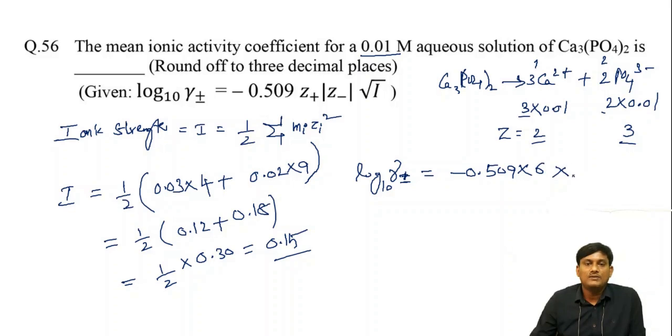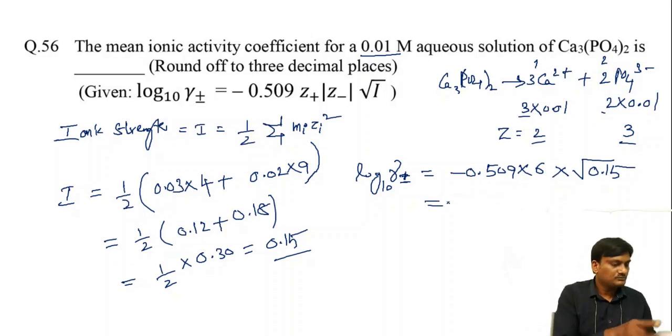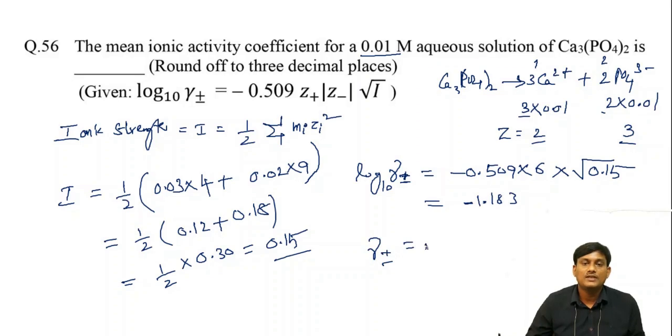And the root I value, root 0.15. So when you multiply, you will get minus 1.183. So mean ionic activity is equal to 10 to the power of minus 1.183.